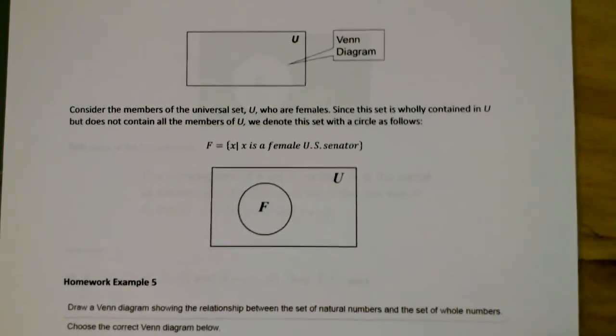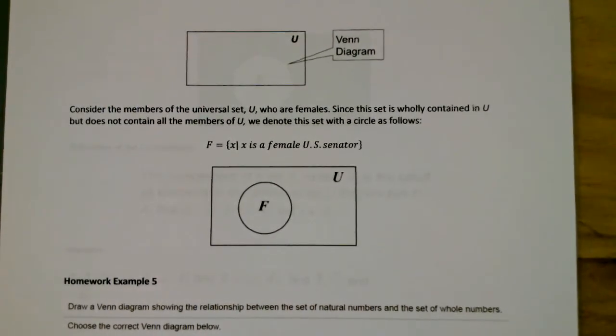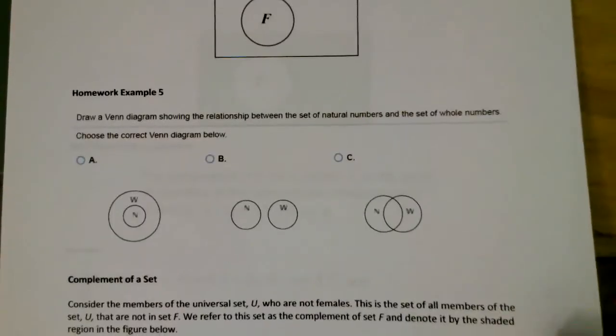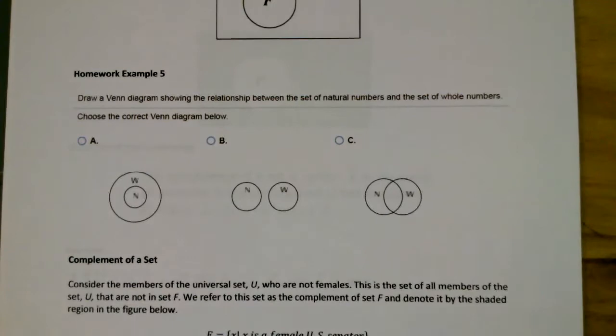All right, let's take a look at the next homework example that I have. Here you're going to draw a Venn diagram showing the relationship between the set of natural numbers and the set of whole numbers. And we want to choose the correct Venn diagram.